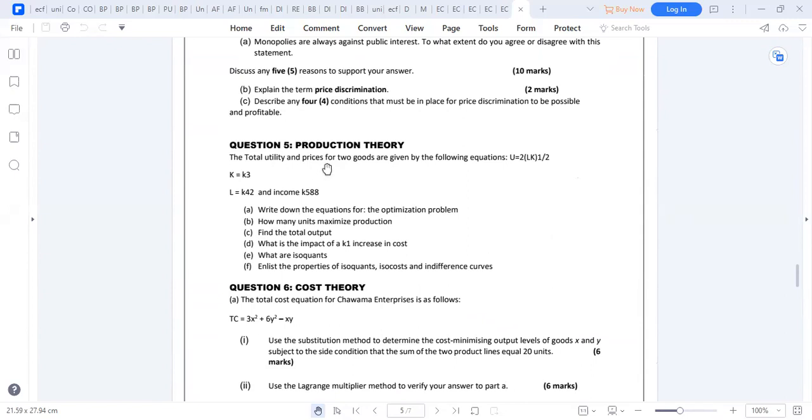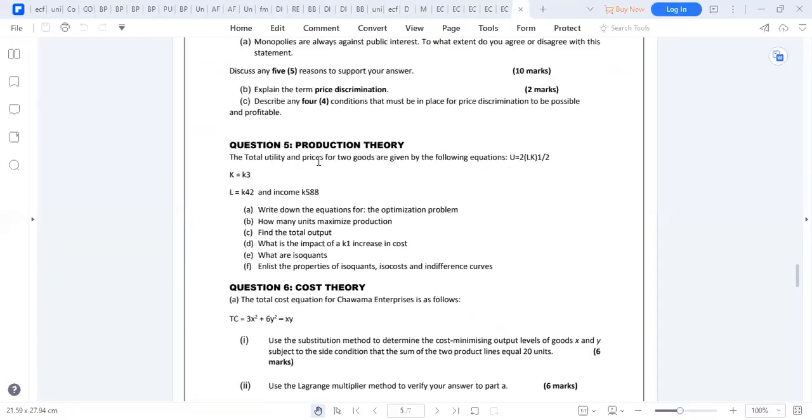Now question number 4 has to do with production theory, but with some calculus. We're given our production function, which is Q equal to 2 L K to the power half, and the capital is 3/4, labor is 42, and the cost is 588.